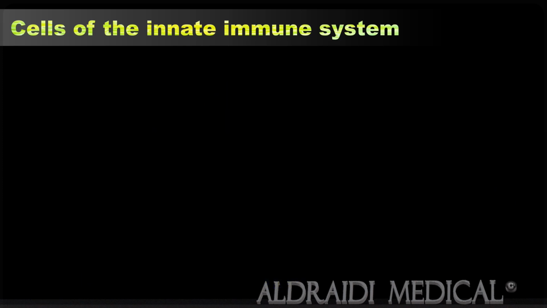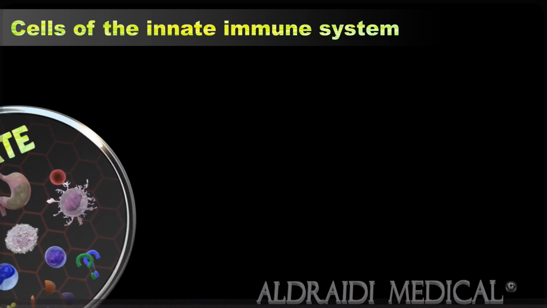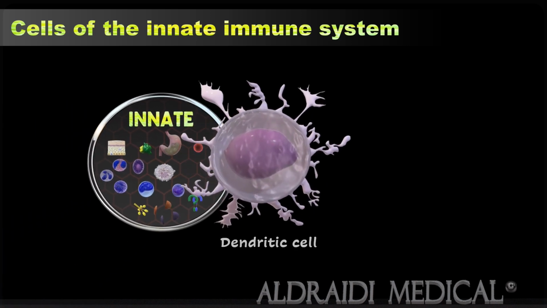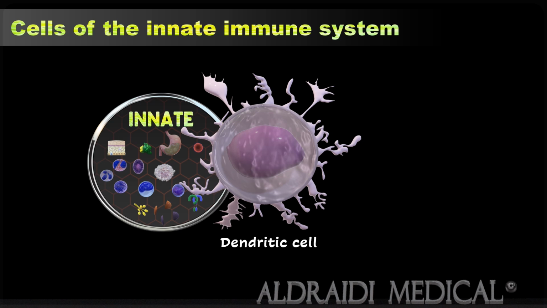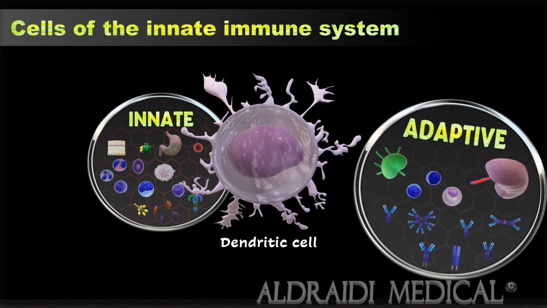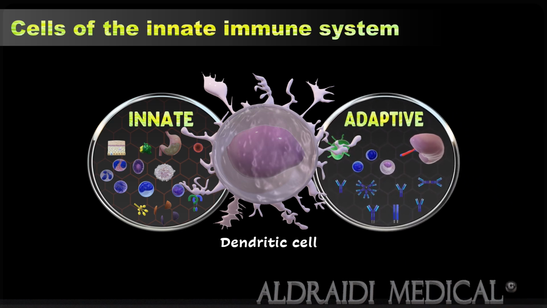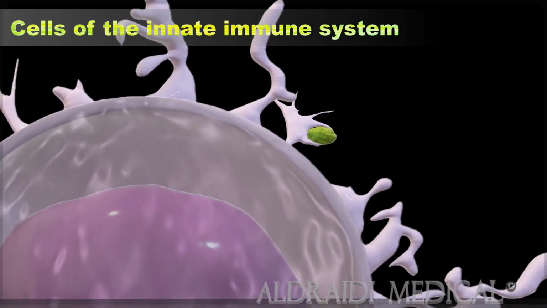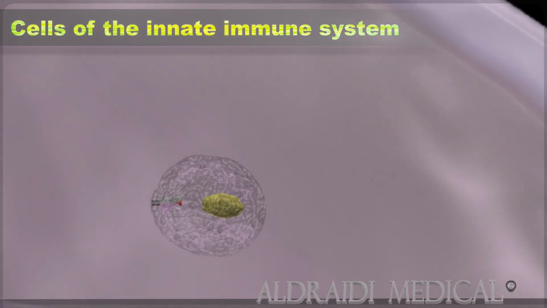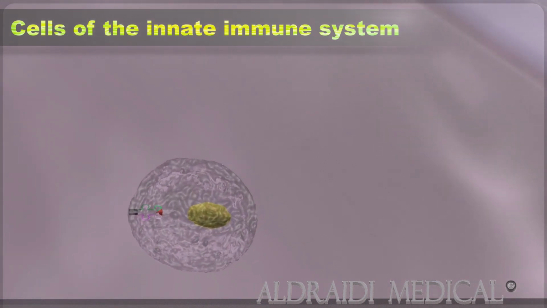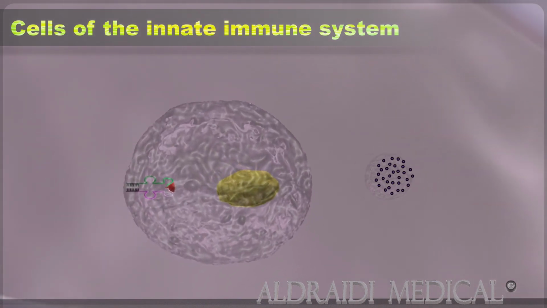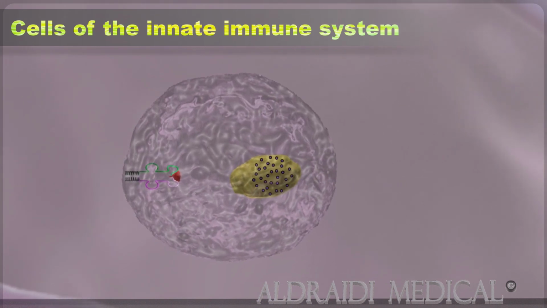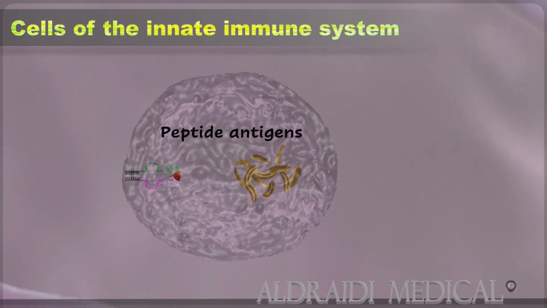Now, dendritic cells, although considered to be part of innate immunity, actually function in making the connection between both the innate and the adaptive immune response. Dendritic cells can participate in innate functions and can ingest and break down microbes, but that's not their primary role in the immune defense. Their major role instead is to process ingested microbes in order to generate peptide antigens.